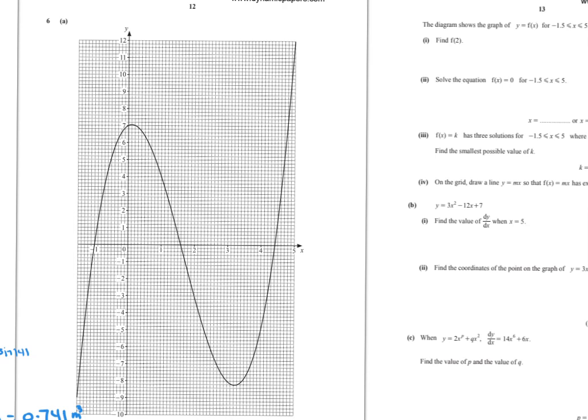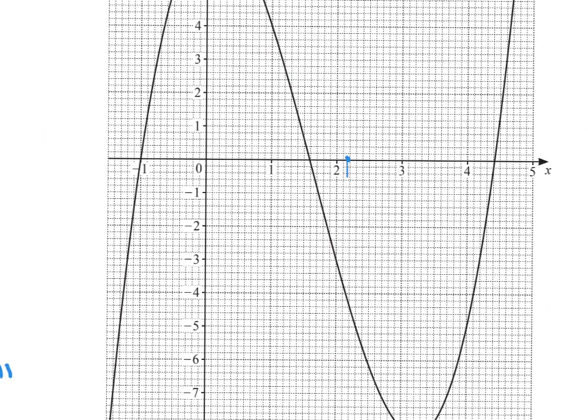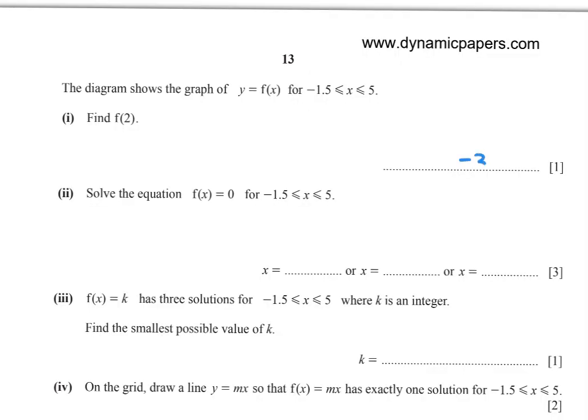When x is 2 from your graph, start from x equals 2, then draw a vertical line till you reach the curve. It's better to use a ruler. So when x is 2, now y equals what? -3. So f(2) equals -3.